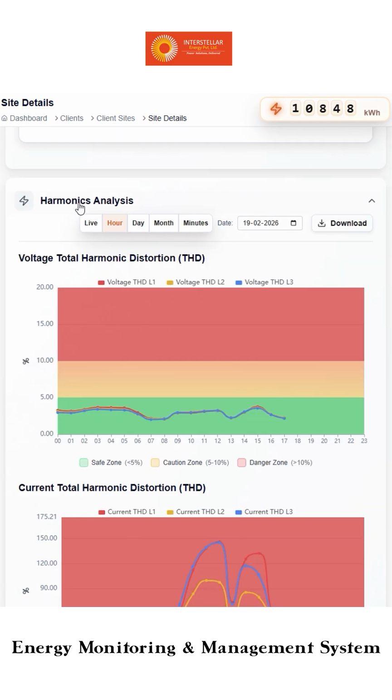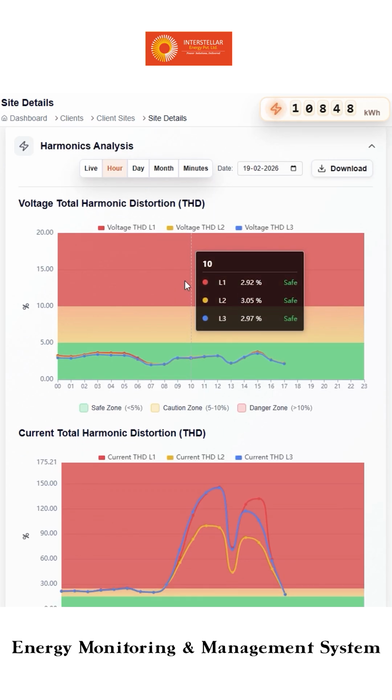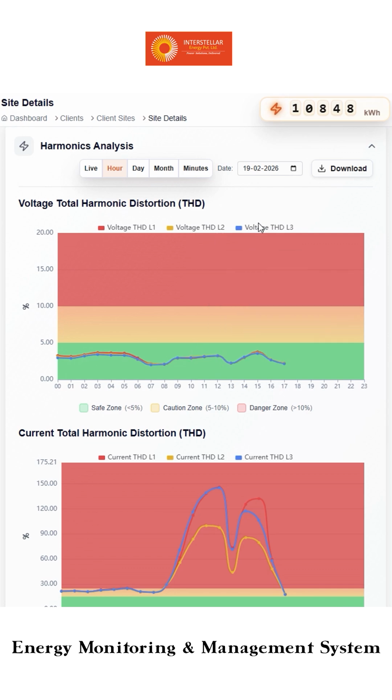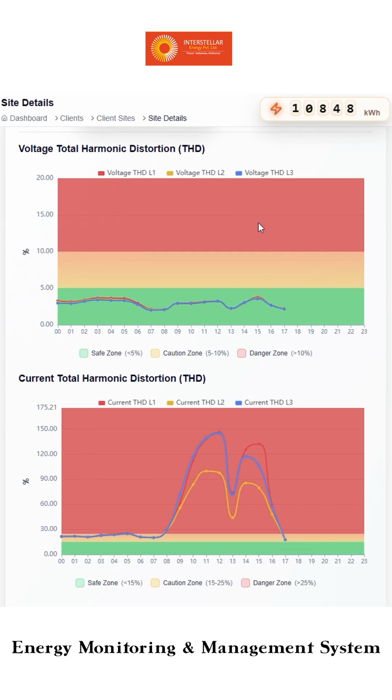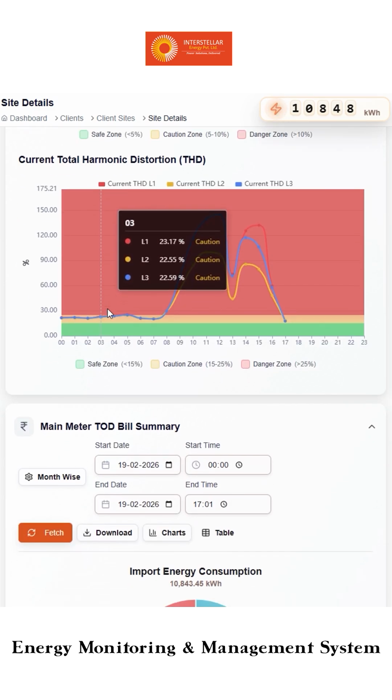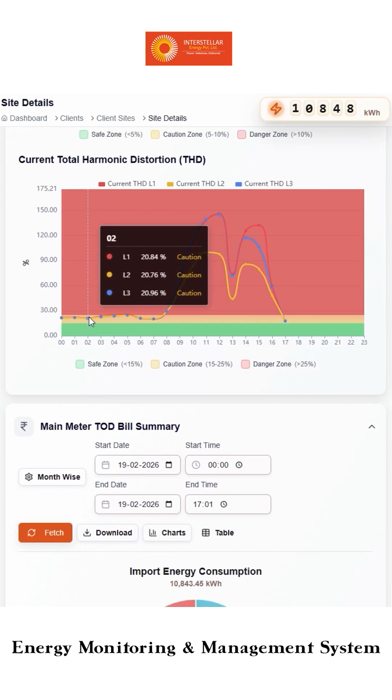Next, harmonics help us understand the health of the power supply we receive. We may check the quantity of power, how many units are consumed, but it is also important to check the quality of the incoming power. Therefore, checking harmonics is very important because harmonics have a significant impact on the life and performance of electrical equipment.